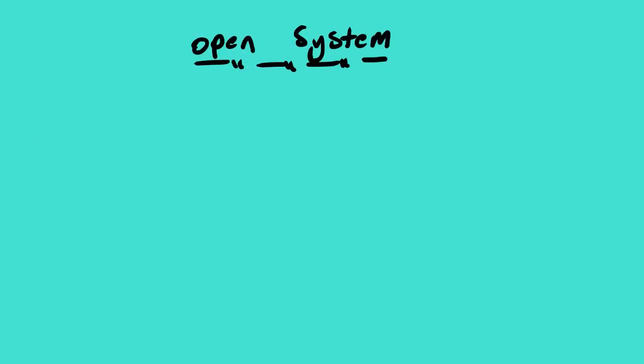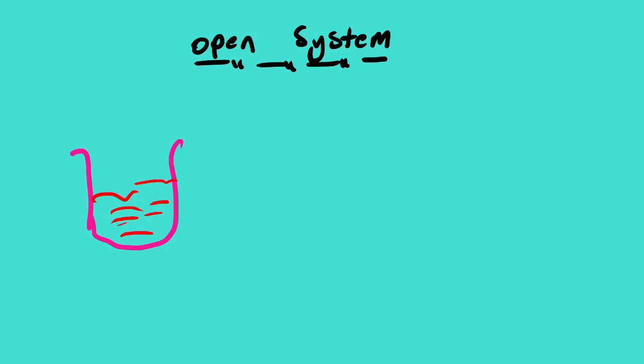Our first term that we'll be looking at is open chemical system. When you talk about an open chemical system, you're talking about the reactants, or let me say the products, that can escape from the reaction vessel. Suppose we have this container, and it is open, and we have reactants inside.